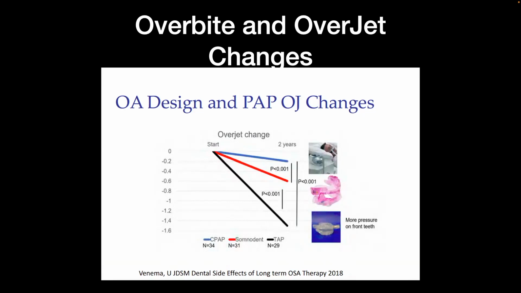And if you go back to those slides, where are these appliances? Where's that connection point, and where are they putting more force? Or where are they putting the force, and what teeth are they on? Are they putting it on more fragile teeth, like a TAP appliance, the maxillary and mandibular anterior teeth? Or is it a dorsal fin that could be putting more forces on the lateral aspect, where we have some stronger teeth?